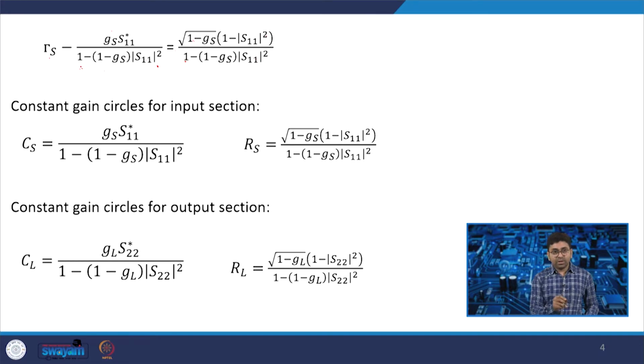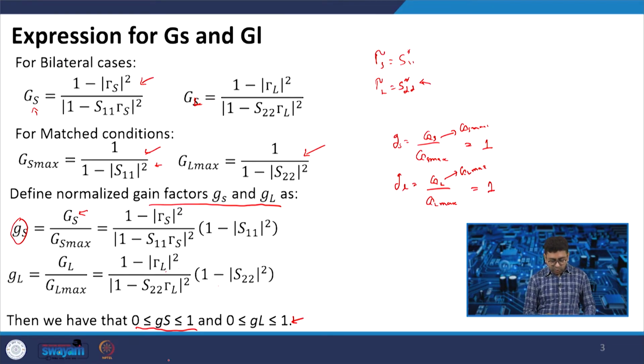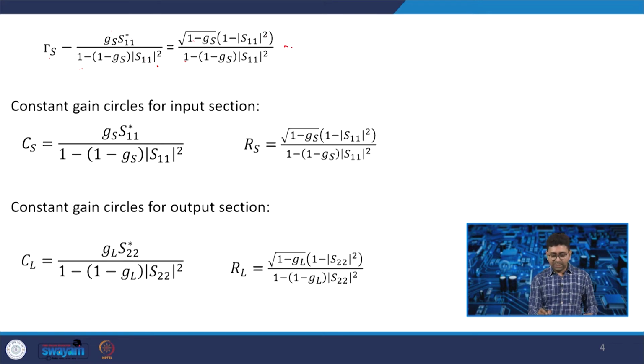What is important here is that you are interested in finding the value of gamma S and gamma L which give you the desired gain Gs and GL, and that comes from this equation, which is nothing but a circle equation, where the center is given by Cs and the radius is given by Rs.